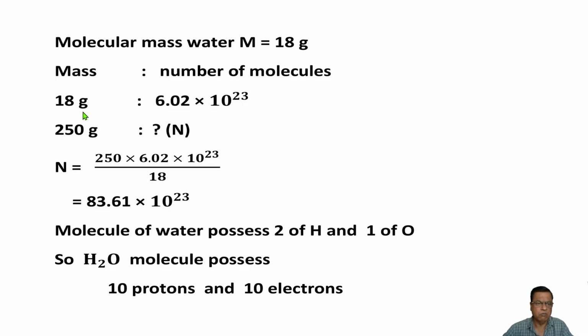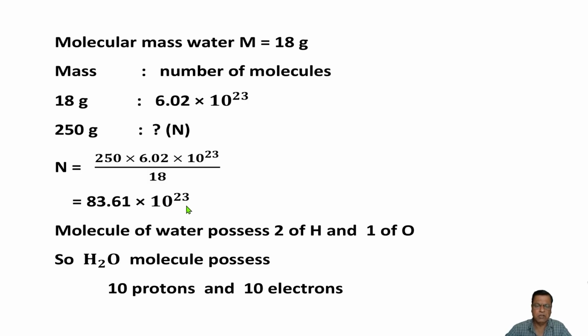Now you know in 18 gram of water, there are definitely 6.02 into 10 to 23 molecules available. But 1 cup of water contains 250 gram. So in 250 gram, how many molecules are available? So the number of molecules in 250 gram is N equal to 6.02 into 10 to 23 multiplied by 250 and divided by 18. So we have 83.61 into 10 to 23 molecules.